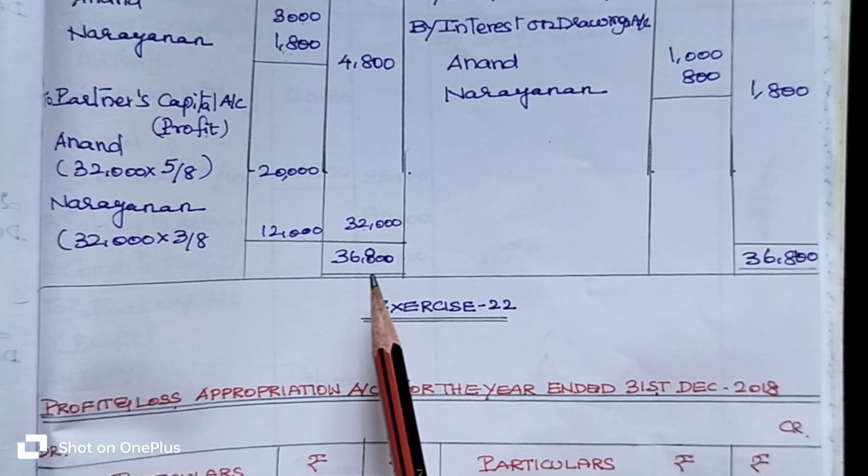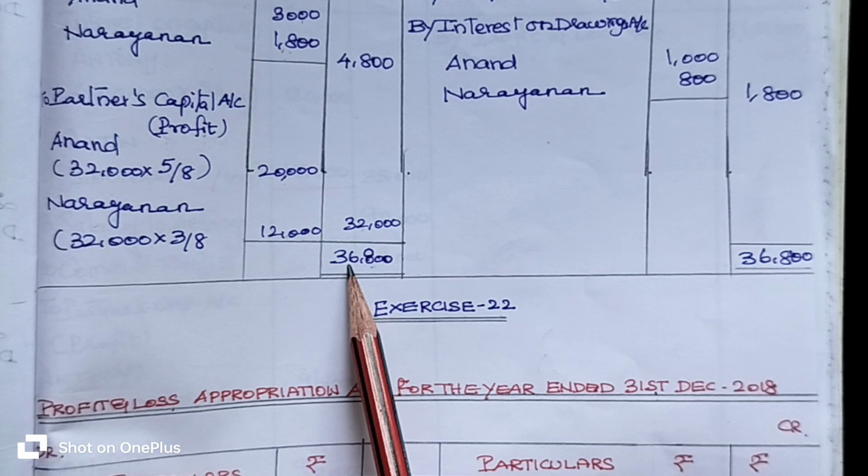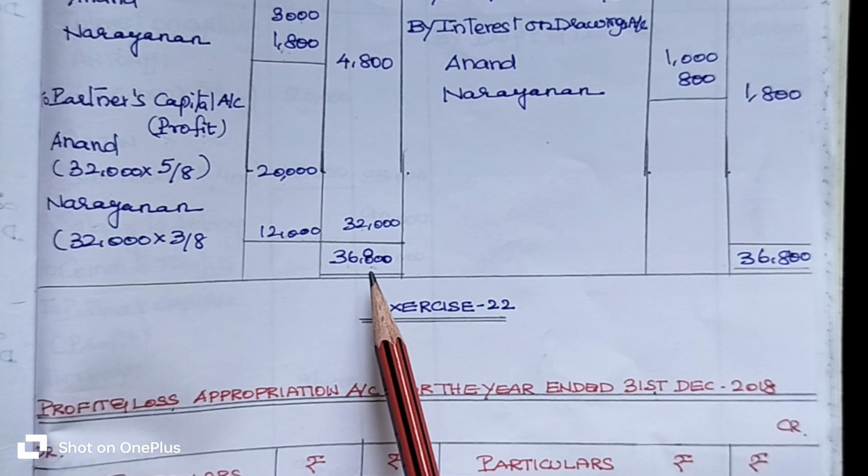The total on both debit and credit sides is the same, 36,800 rupees.